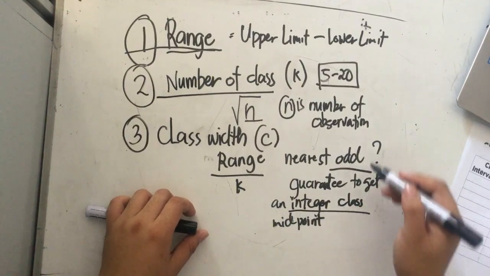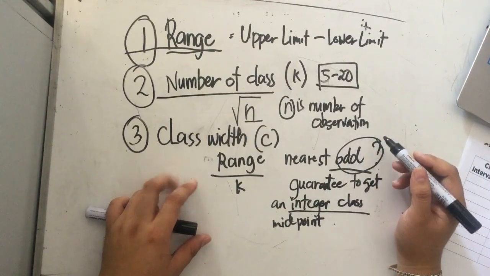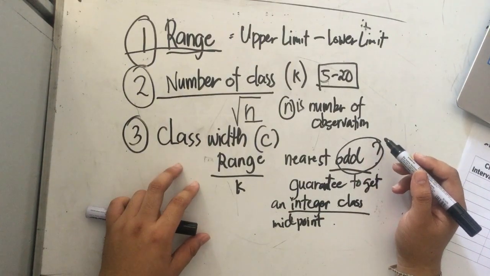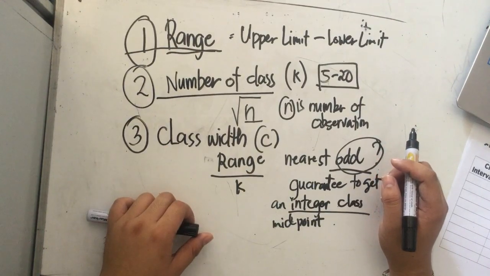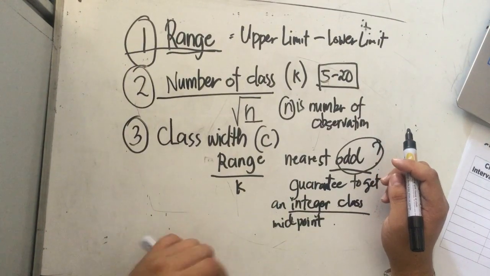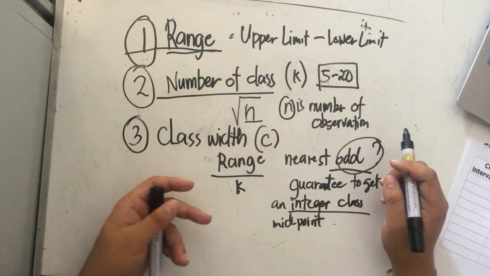Okay? So for us to get an integer class midpoint, we should have odd class width para hindi rin tayo mahirapan in terms of calculating group data. Okay? But in some books, they use rounding up and rounding down.